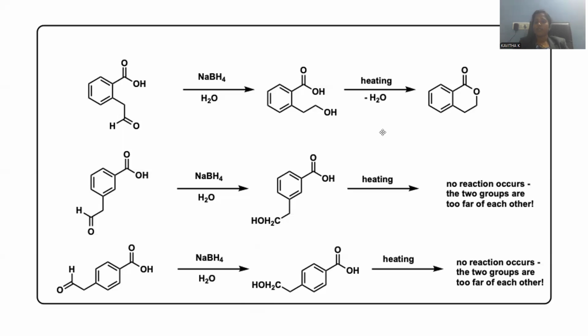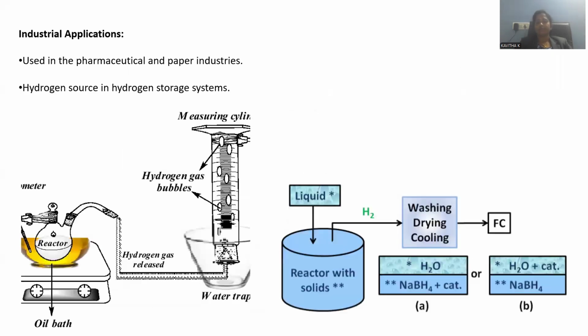Though we have similar reaction conditions, both groups are not in the correct positions to dehydrate and form the lactone ring, because the distance between the functional groups is far away. So a cyclic product is only possible in the first starting molecule; the other two are unable to generate cyclic lactones. Esterification may not be possible.